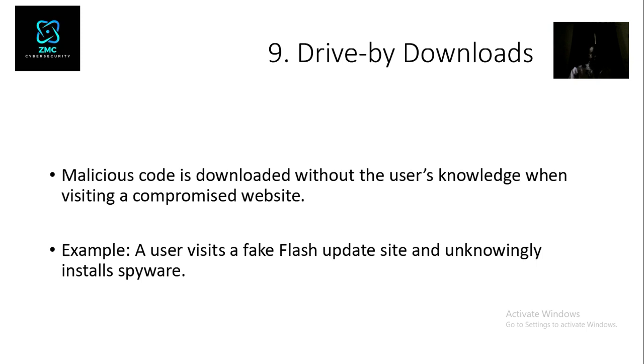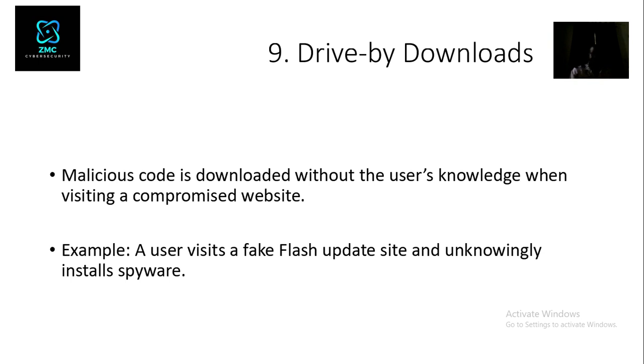And number 9 is drive-by downloads. That's where malicious code is downloaded without the user's knowledge when visiting a compromised website. An example was when a user visits a fake Flash update site and unknowingly installs spyware.